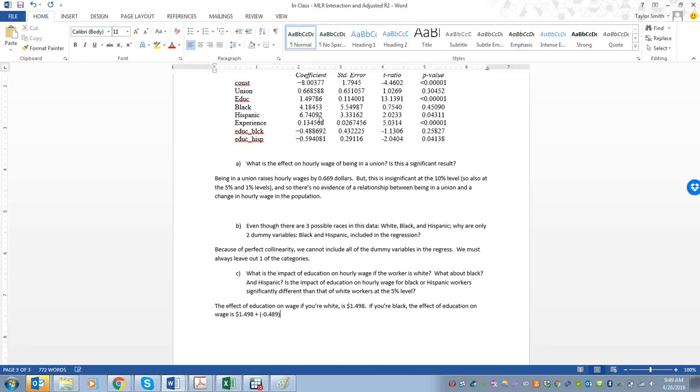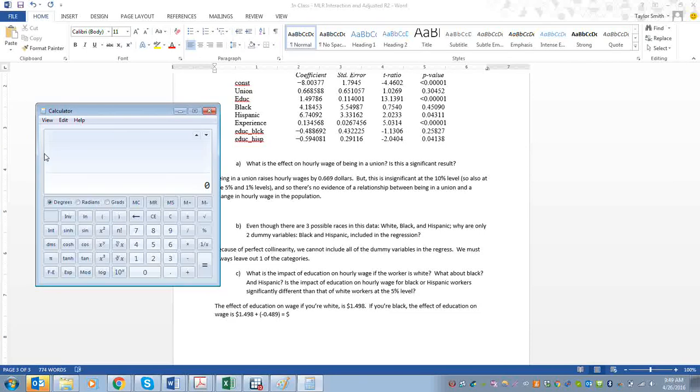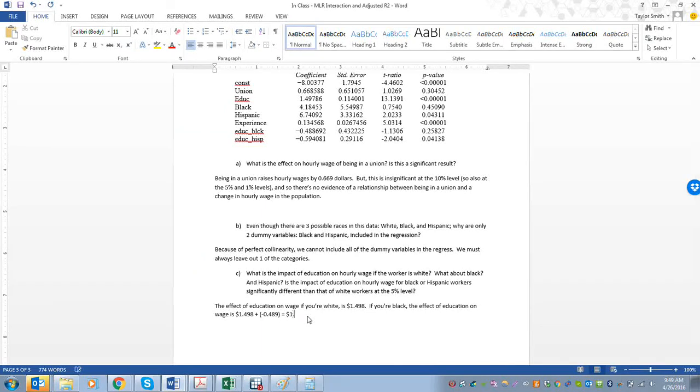So let me grab a regular calculator: 1.498 minus 0.489 is basically 1.009, so about $1.01. If you're white, it's about $1.50. If you're black, one more year of education raises your pay by $1.